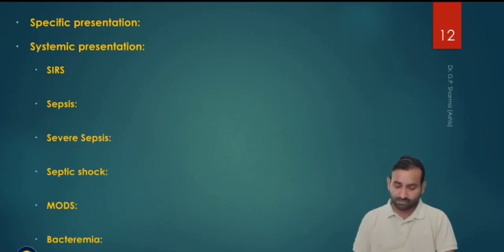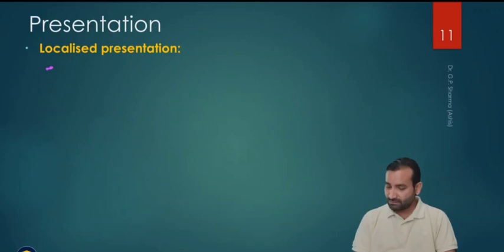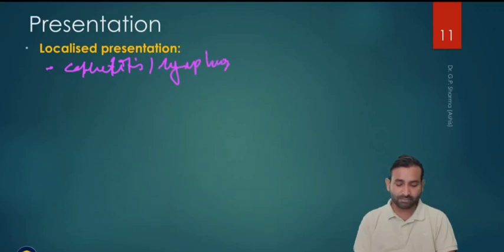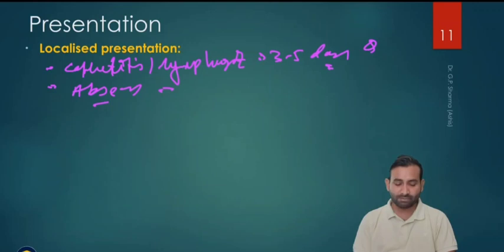In the localized presentations, something we know already: it presents as cellulitis or lymphangitis within 3 to 5 days. Remember, question in the exam. If it is an abscess and pus discharge, it develops in 7 to 10 days. So remember, these are the questions in the exam, right?